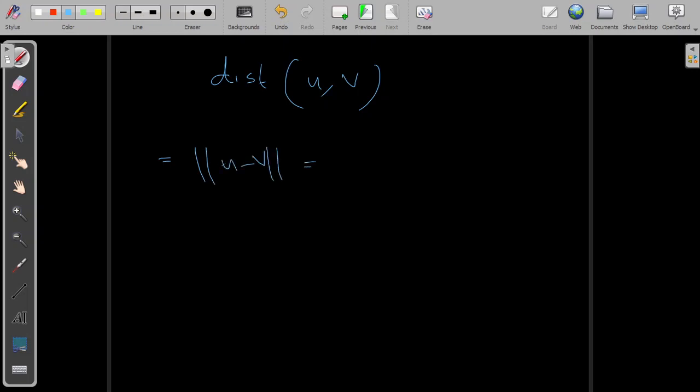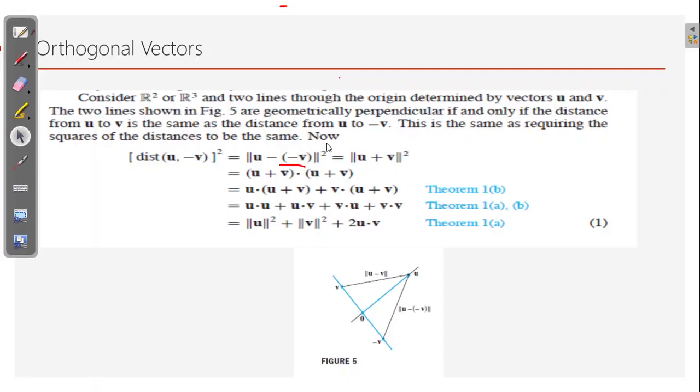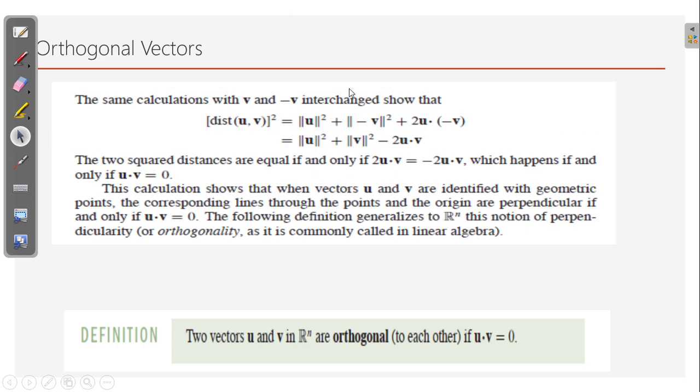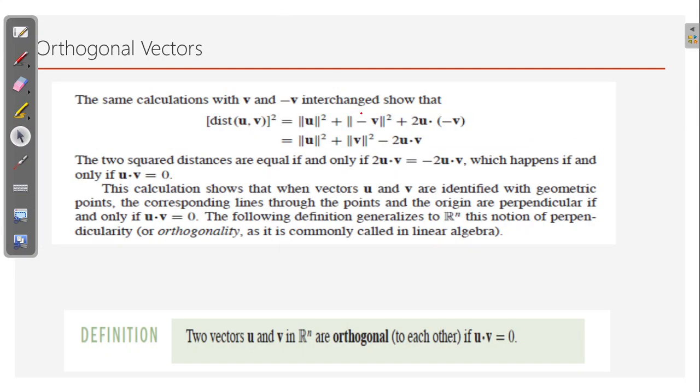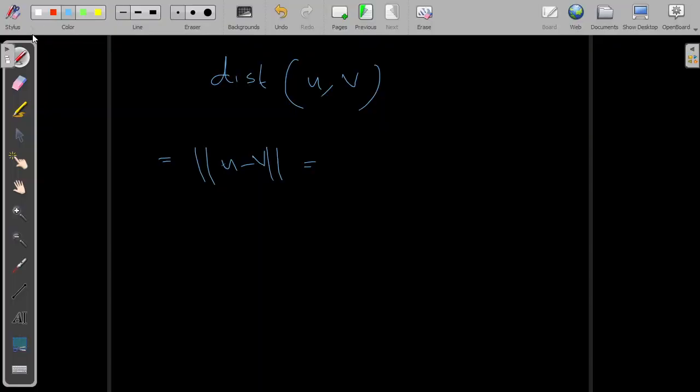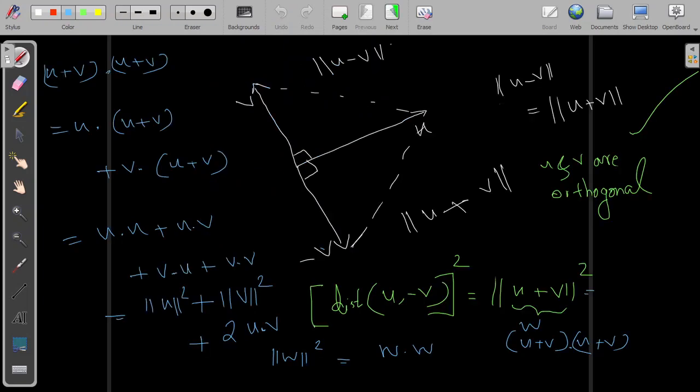That's equal to u minus v. Now the same calculation. Previously we calculated the distance between u and minus v squared.